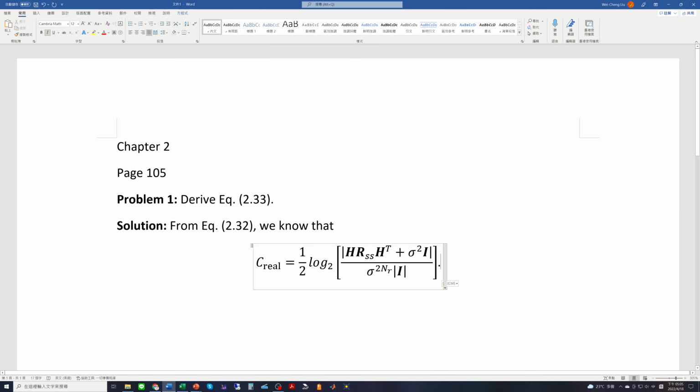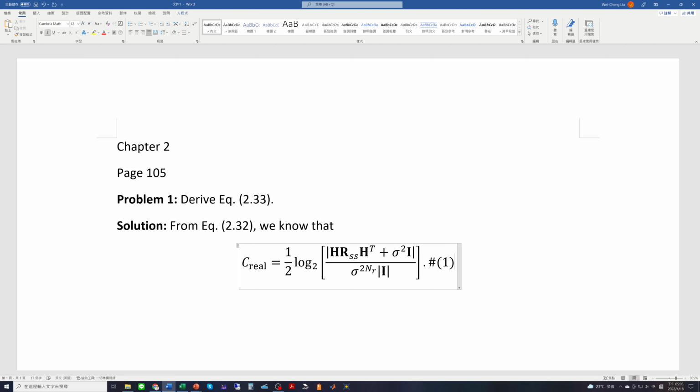Oh, sorry, log should be HRSS. This should not be italic, so I should not be italic. So this is equation 1.